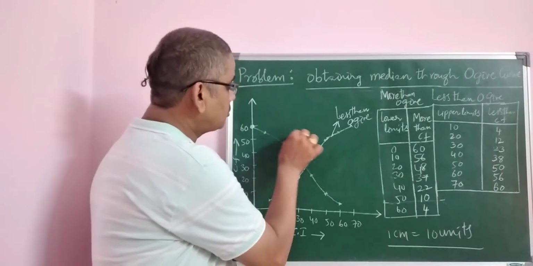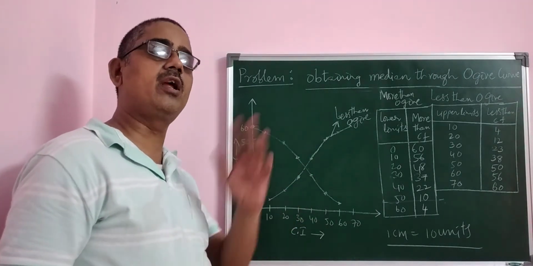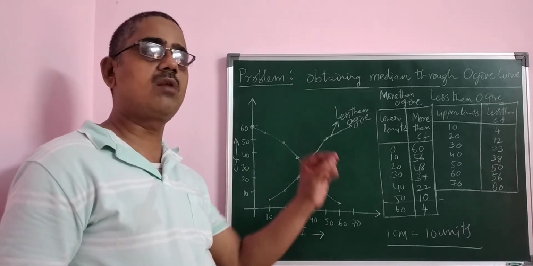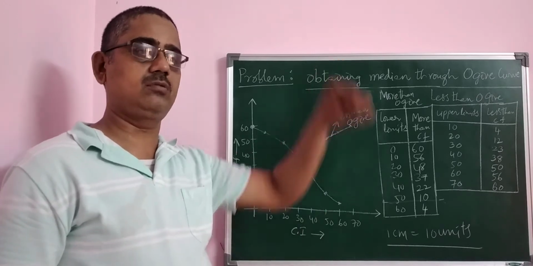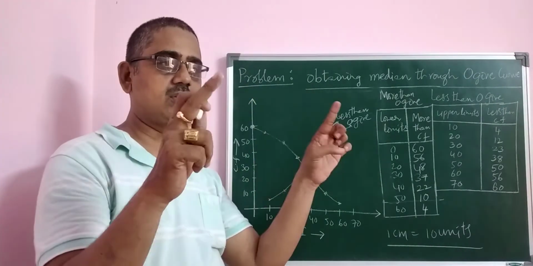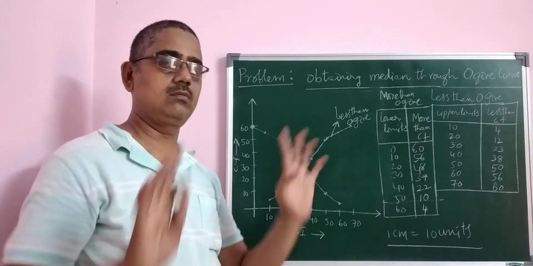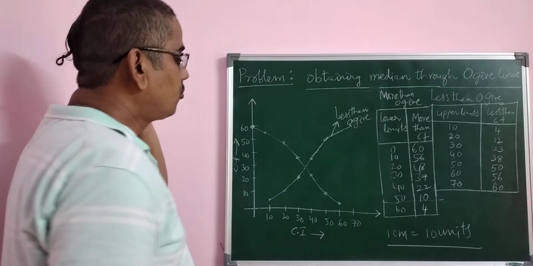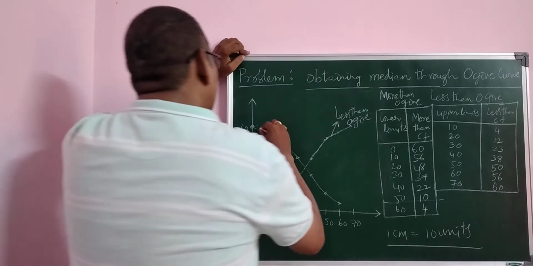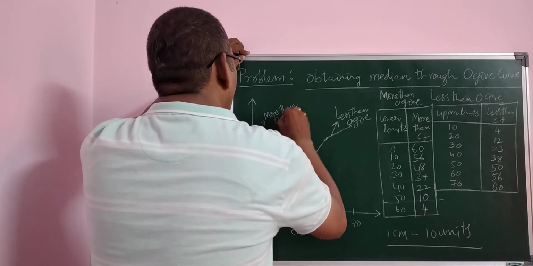We should not join these 2 points like this. A curvy nature is going to be obtained after joining all the points. The curve is going to appear. We should not make from one point to another point like this. These 2 points should meet at shortest distance, but not like this. That is also very important, right? So this is the kind of picture I have obtained. So this is called more than ogive.